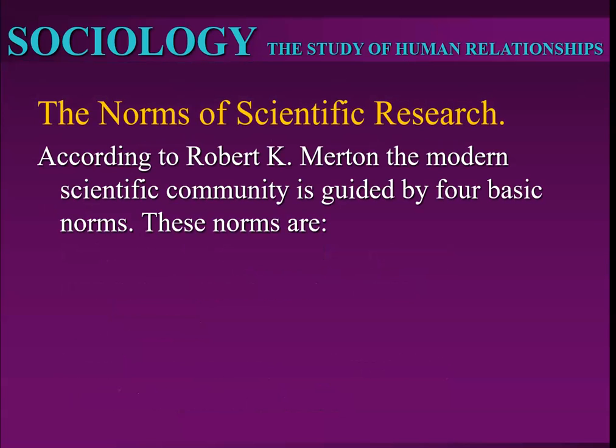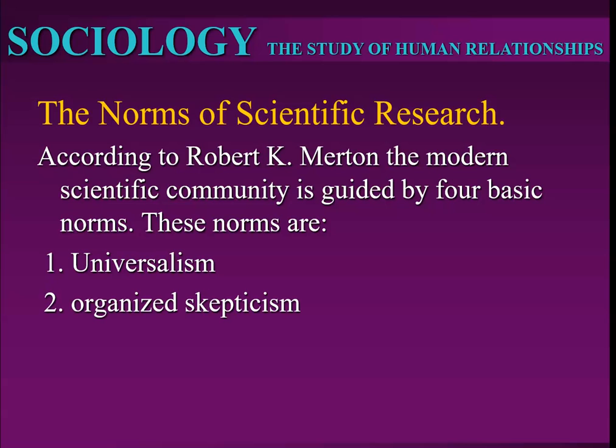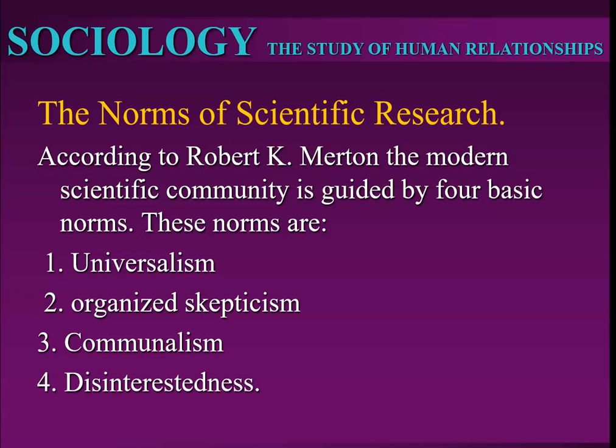According to Robert K. Merton, the modern scientific community is guided by four basic norms. These norms are universalism, organized skepticism, communalism, and disinterestedness.